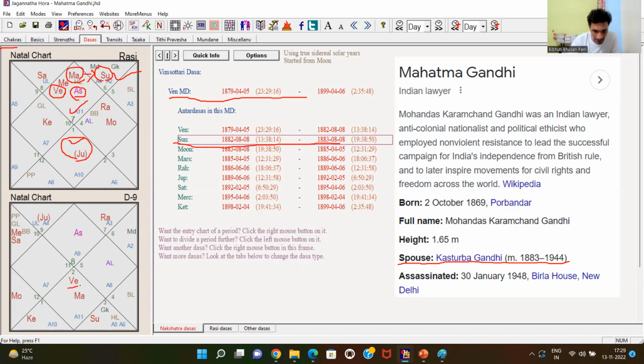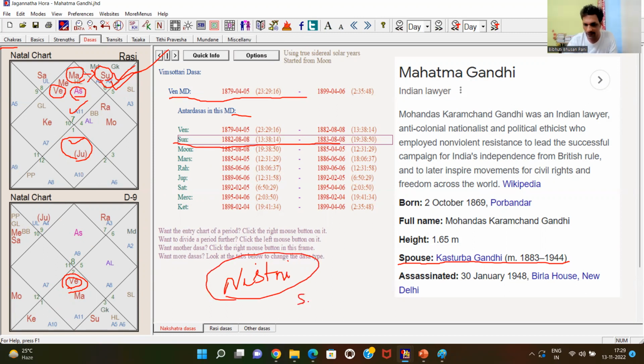In D9, you will find Venus is in the 7th house. Okay, so the Venus period will really give you marriage. So this again gives you a double confirmation that this is the period when the marriage is going to happen. And more importantly, as Sun is involved, as I mentioned, it is a Neshti Graha. A planet in the 12th house is called Neshti Graha.